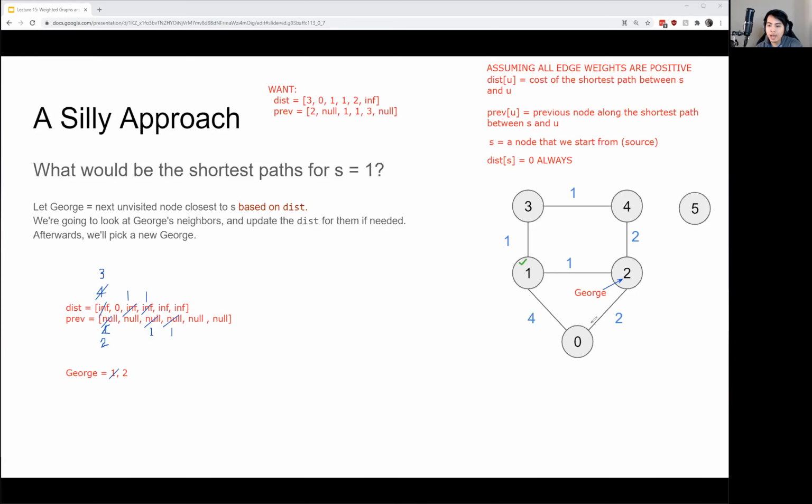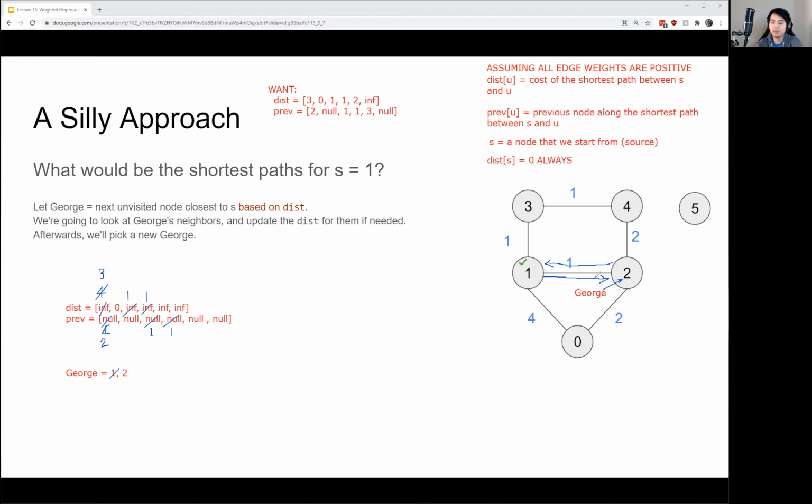All right, so that was us processing the first of George II's neighbors. Now we have to go ahead and process the next one, which is the cost to get to node 1 from 2. So what we're saying is here, let's just imagine we got to 2, and then we go immediately back to 1. What is the cost to get from 1 to 2 and then 2 back to 1?